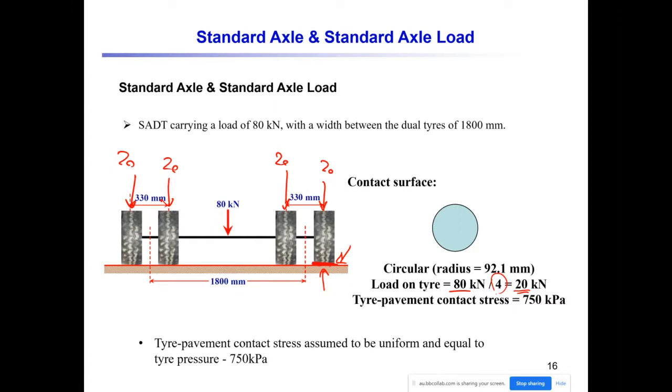The tire pavement contact pressure becomes equal to 20 divided by the surface area of this circular surface. So you can simply divide 20 by the surface area of this circle, and the value that you derive is 750 kilopascal. So this is the tire pressure from the standard axle.